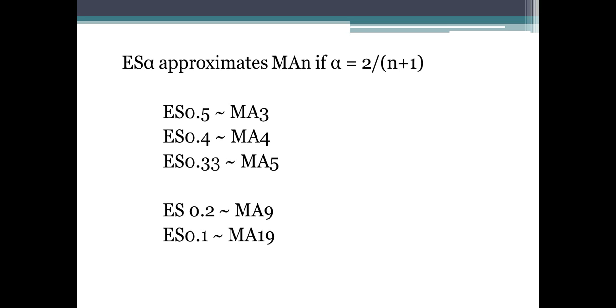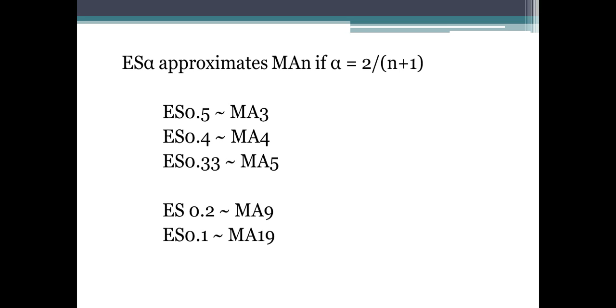Now, I said we do not typically use very high alpha values in practice, and the reason for that is if your alpha is equal to 2 over n plus 1, then exponential smoothing with parameter value alpha approximates an n period moving average.